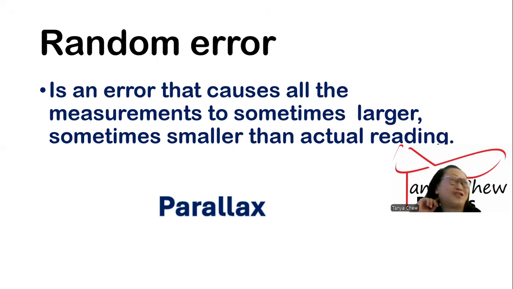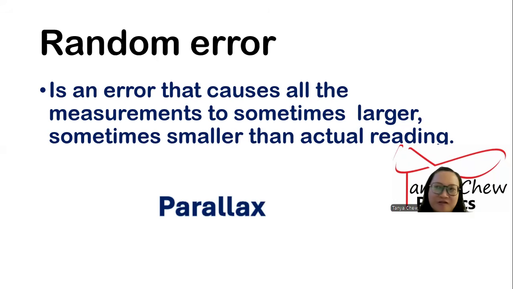Sometimes I adjust my head a little bit, turn to the right a little bit, so I measure from a different direction. Could you see, due to the tilting angle of my head, my eye position could sway away from 90 degrees. So that could be the cause of the parallax error, that could be the cause of the random error.